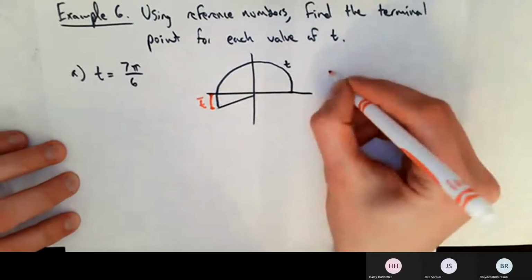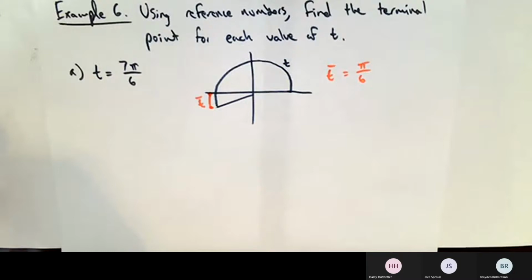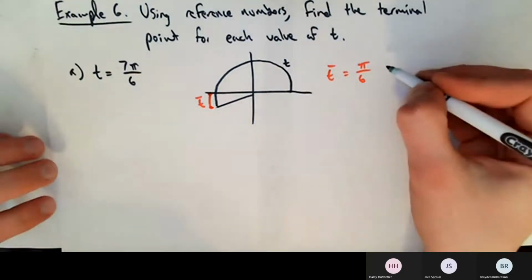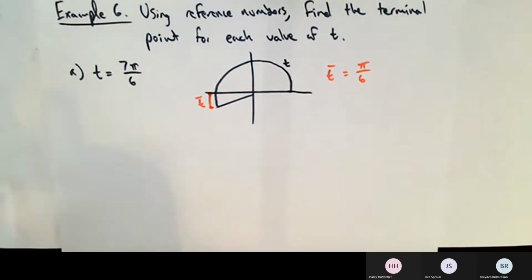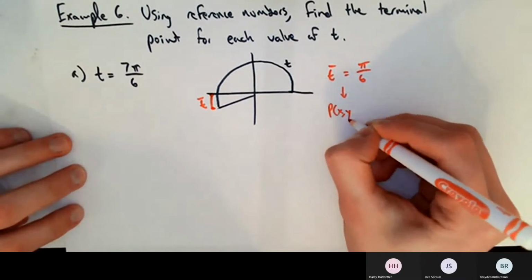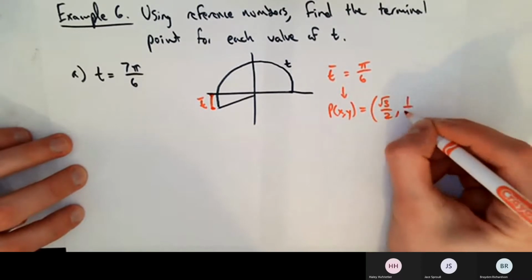T bar is going to equal pi on 6, just from the geometry there. Okay. Now I find the terminal point for this angle. So the terminal point for pi on 6, that P of xy, is equal to square root of 3 over 2, comma 1 over 2. So it's really just the same thing happening again.